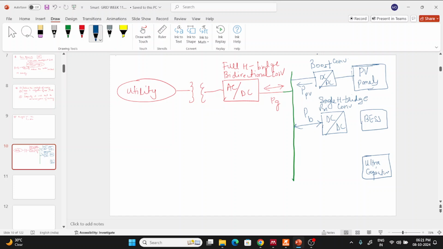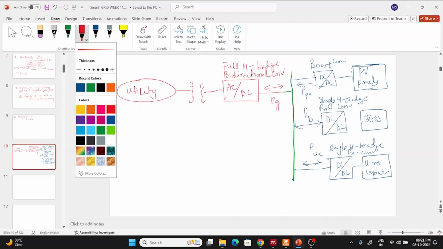They are also connected through a DC-DC single H bridge bidirectional converter, and the power flow will be bidirectional, because sometimes they will be charged and sometimes energy will be extracted from them. Then come the loads.